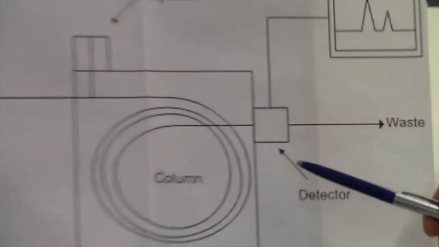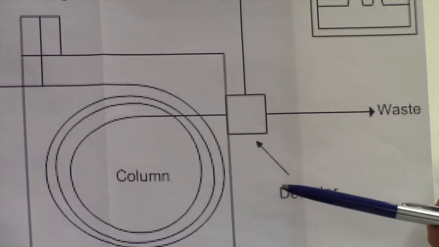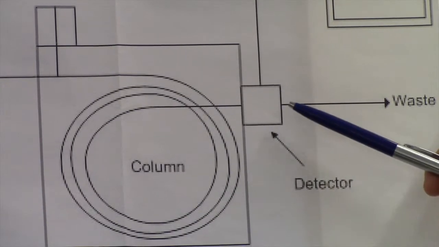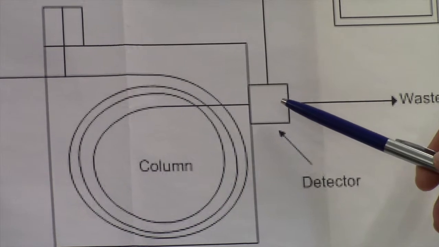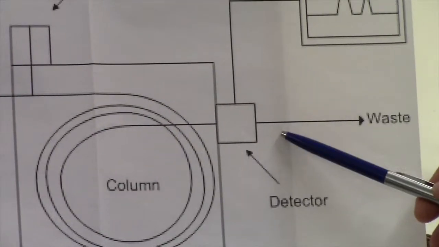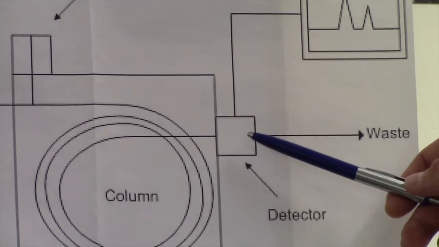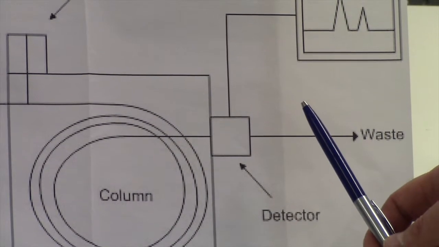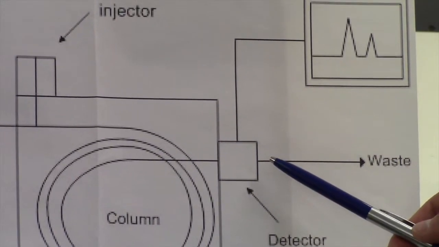At the end of the column, we have a detector or sensor. There are probably at least a dozen different ones. In our case, we have a CCD detector, which stands for catalytic combustion detector, and probably the main use for this type of detector is volatile hydrocarbons, or flammable volatile hydrocarbons.